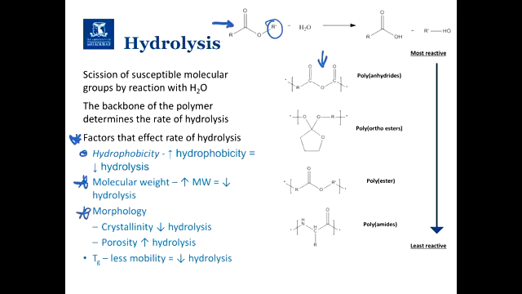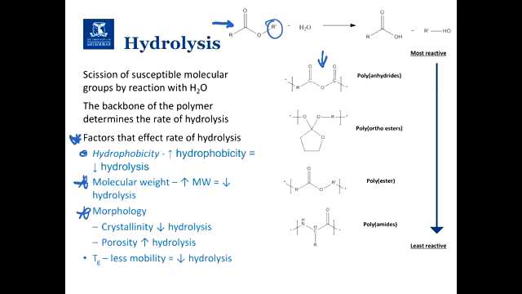Then morphology, crystallinity. If I say crystallinity, does that make sense or not really? These are different properties of polymers. How crystalline it is depends on what the glass transition temperature is, and that has to do with how freely the different polymer molecules move around at different temperatures.